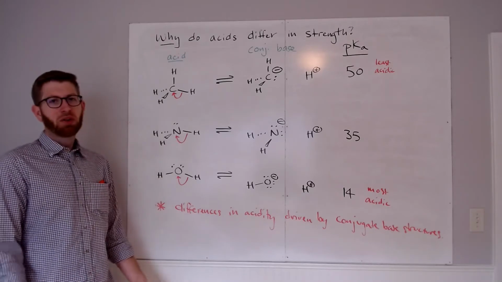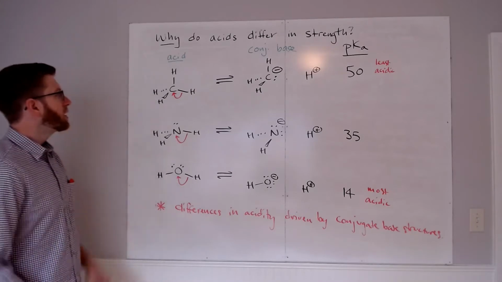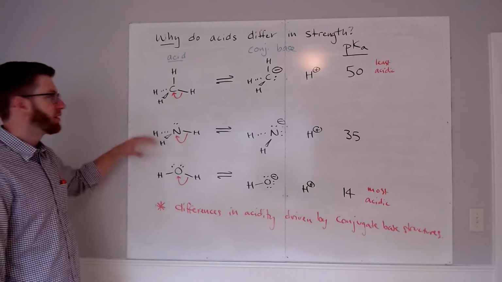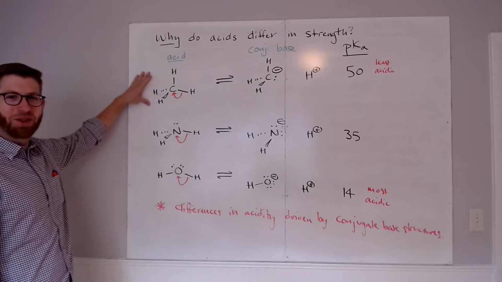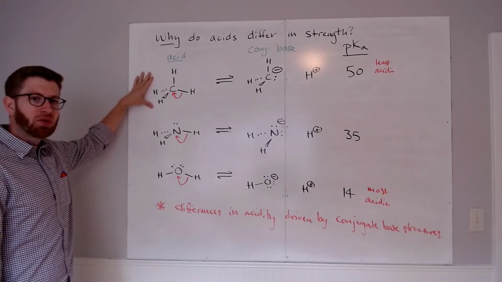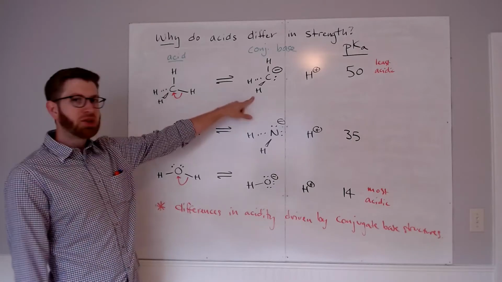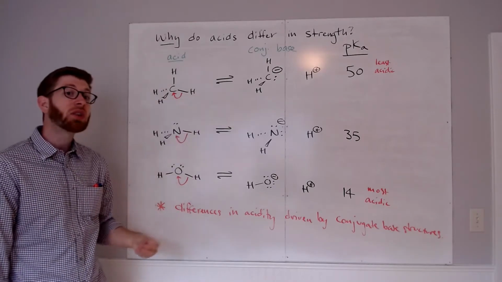So I'd like to walk through this, hopefully make it a little bit more intuitive to you. So let's look at what's happening with one of our acids. I'm just going to choose methane because it's easy for me to reach this part of the board. It's kind of comfortable. So what's happening to this structure as it goes from acid to conjugate base is that it's serving the role as an acid.